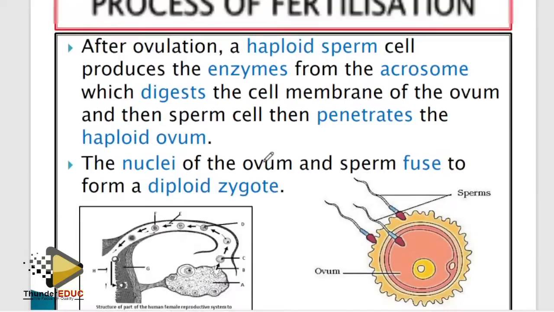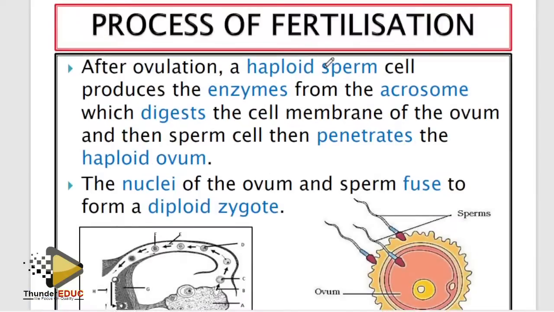You bring the process of fertilization: haploid sperm cells have the enzymes in the acrosome, which digest the membrane of the ovum, and then the nucleus of the sperm enters and fuses with the nucleus of the ovum, and then the diploid zygote is formed. These blue things are the marking points you are looking at. If you don't see them, 0. So please, I don't want you to get a 0.